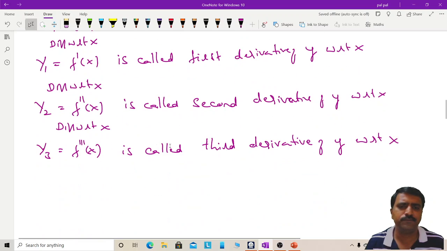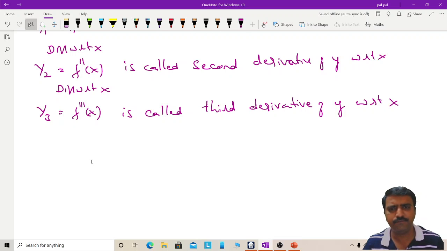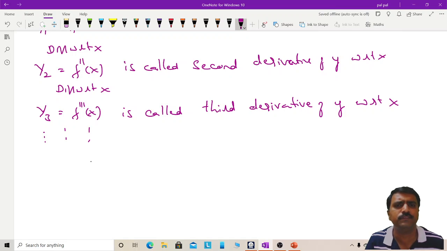If you go on like this, next you once again differentiate this, it gives y4. After that it gives y5, y6. Like that we can find higher order derivatives. This is the successive differentiation. Up to where can we find? Up to 100th order we can find, up to 1000, up to 10,000. You can take any number in place of that.